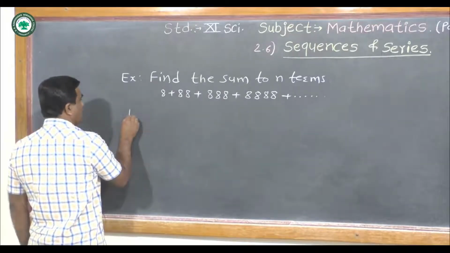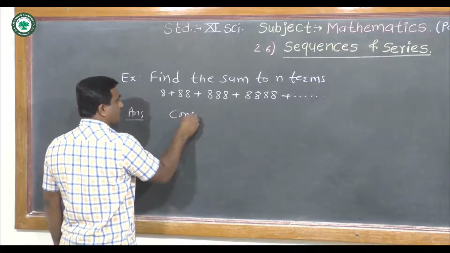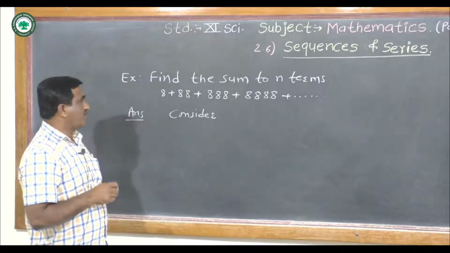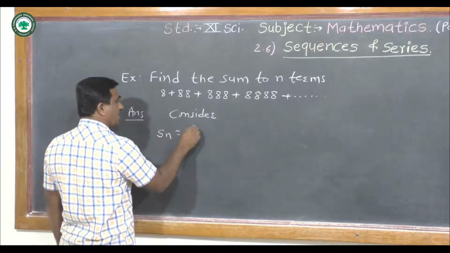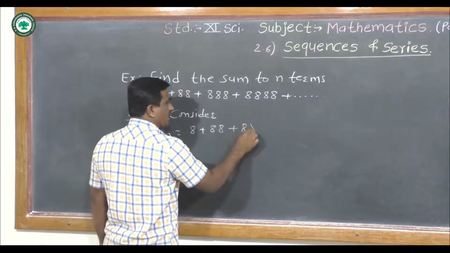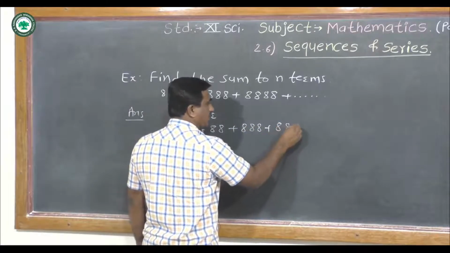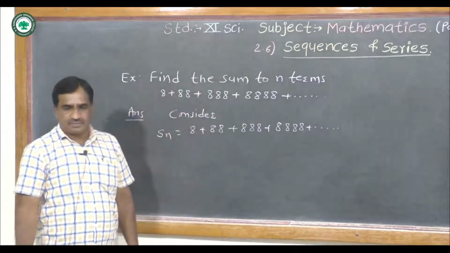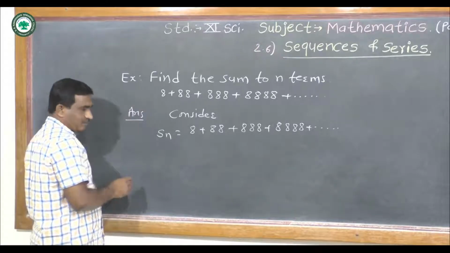Answer. Consider the sum of these terms equal to Sn. Sn is equal to 8 plus 88 plus 888 plus 8888 plus so on up to n terms. Now here we can take 8 common.